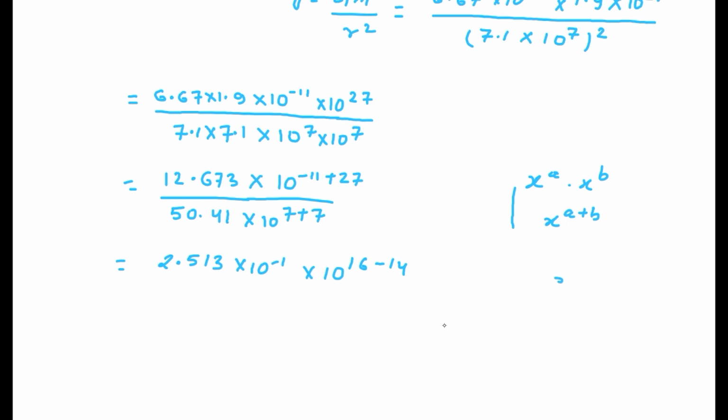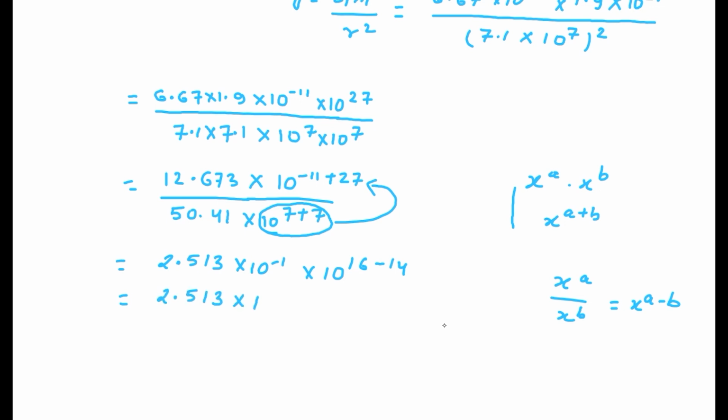We have the rule x power a by x power b, then it becomes x power a minus b. So according to indices rule it becomes 16 minus 14. So solve it.